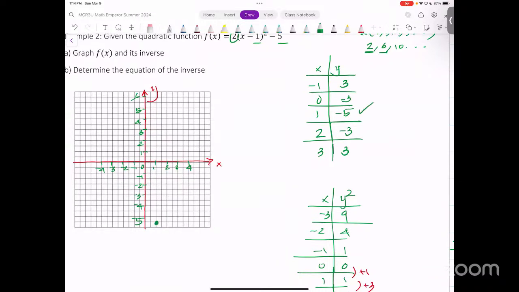And then 0, comma, negative 3. Negative 1, comma, 3. 2, comma, negative 3. 3, comma, 3. We can nicely draw that function.